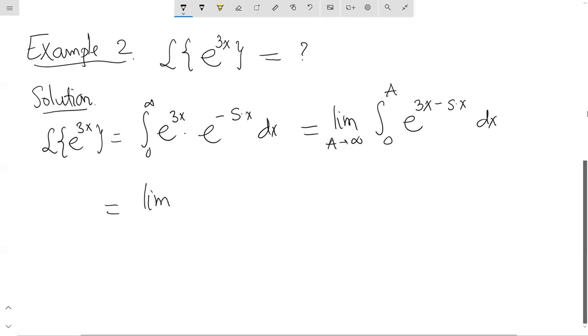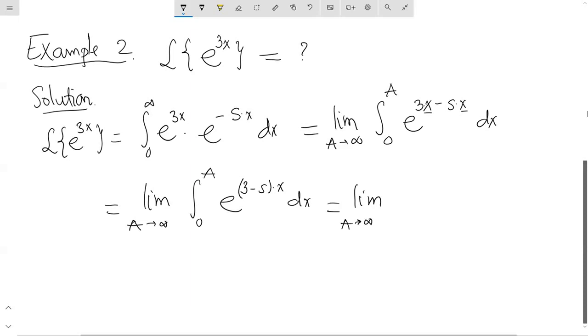So we get the limit as a goes to infinity of the integral from 0 to a of e to the, I will factor the common factor x out, and I have 3 minus s times x dx. As before, we compute the antiderivative.